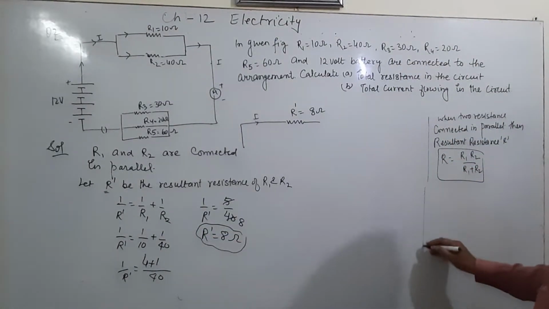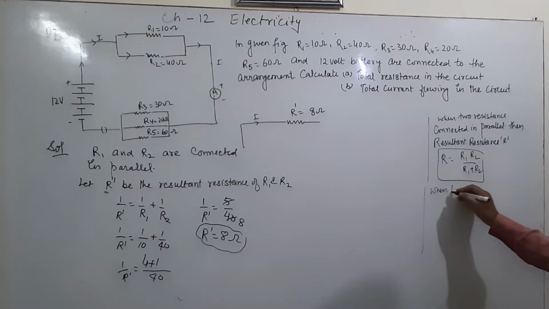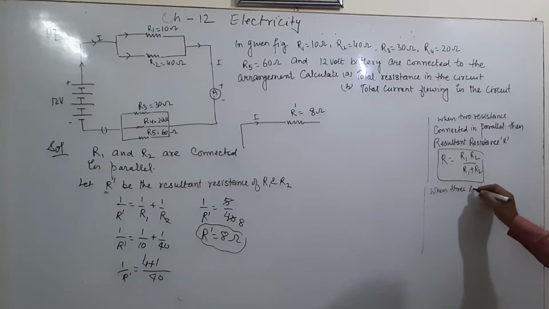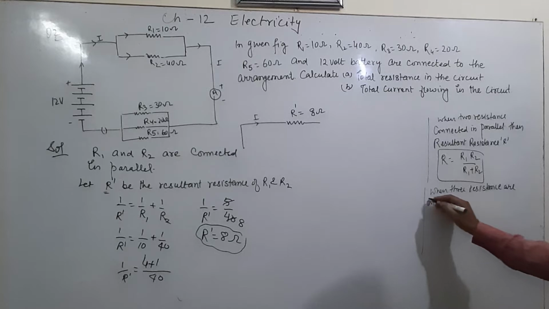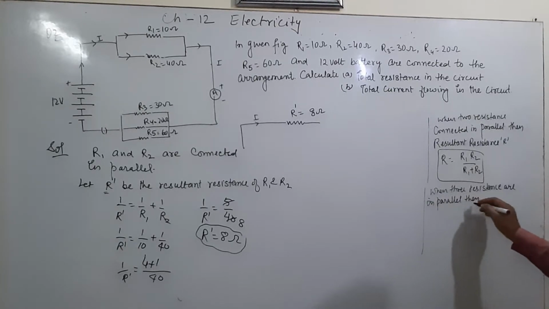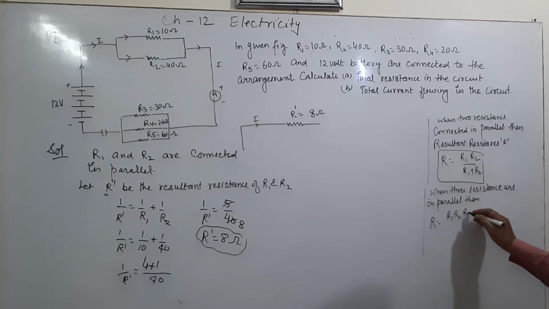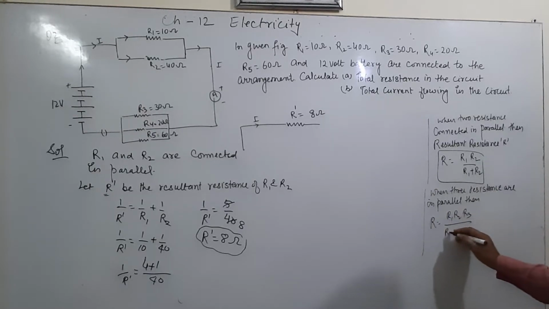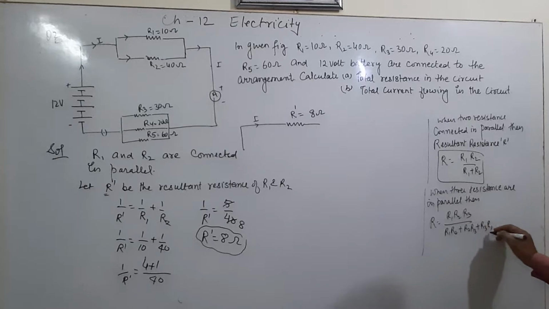And when three resistors are in parallel, then R is equal to R1 R2 R3 upon R1 R2 plus R2 R3 plus R3 R1.